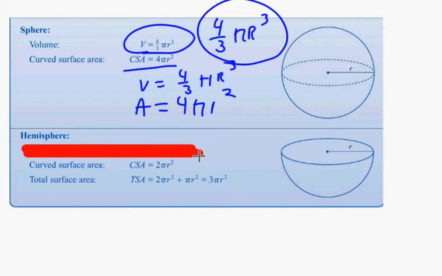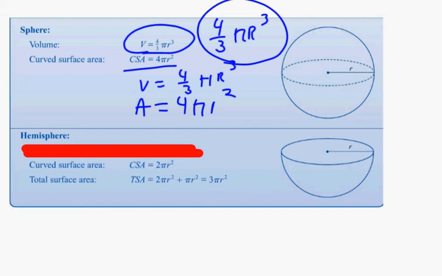Now, the problem with the hemisphere is that when you slice it in half, you actually expose a new area. You expose a new circle to the open. But if we're just talking about curved surface area, that refers to the area on the curved part of the ball, or the curved part of the hemisphere.